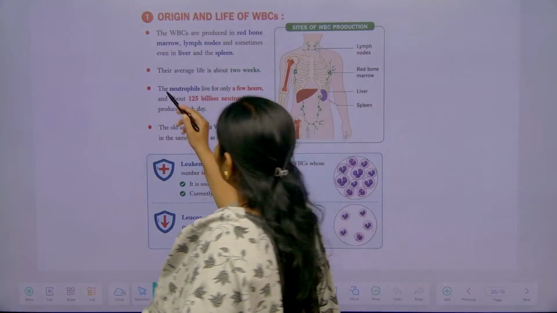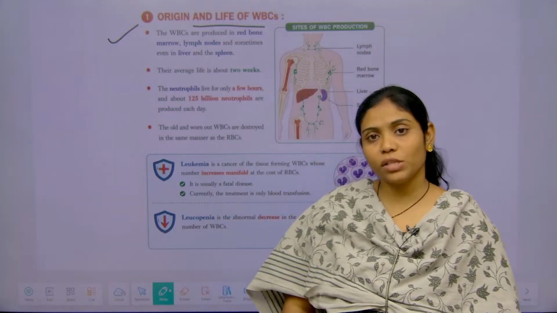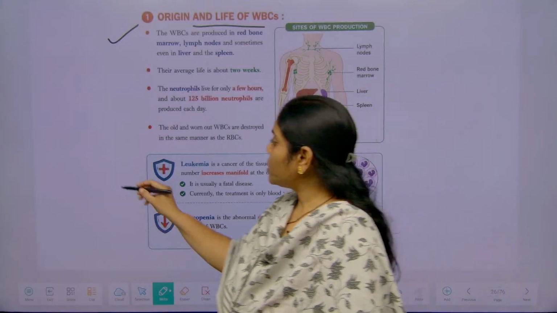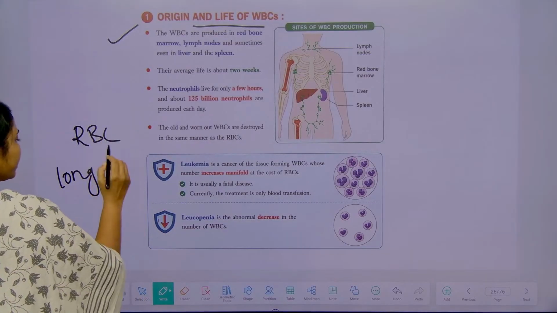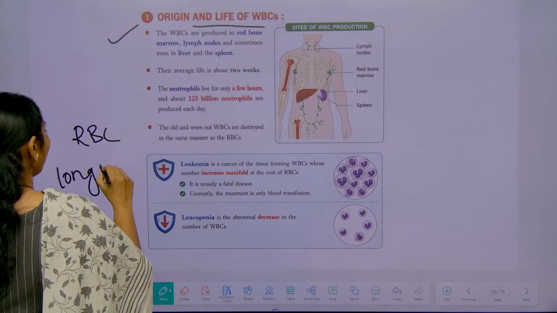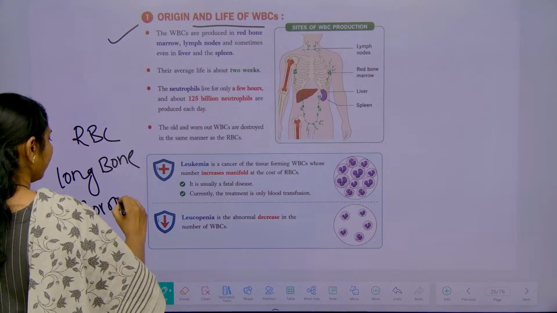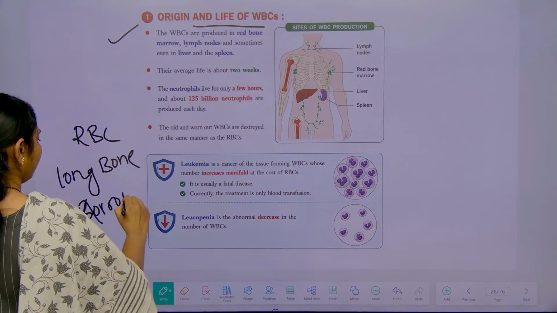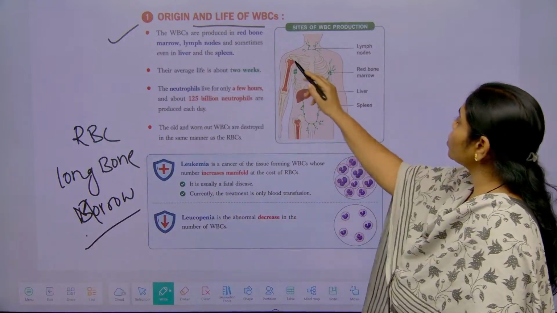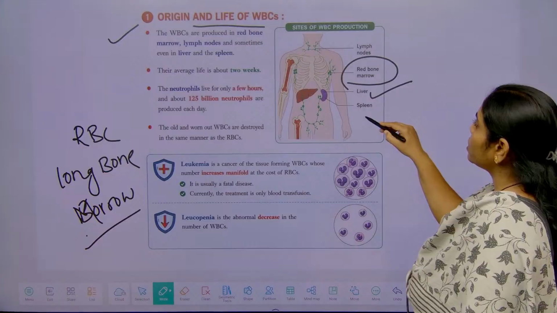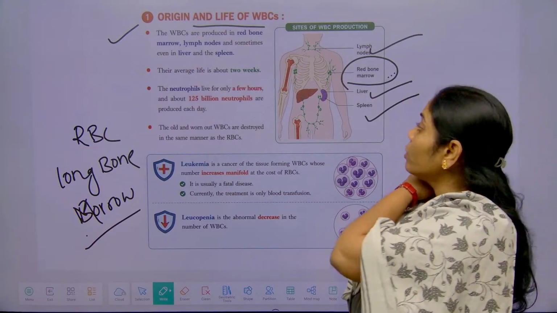Okay. Where are these WBCs produced? As we already discussed, RBCs are produced in the long bone marrow, as we discussed in the earlier class. In the same way, WBCs are also produced in the liver, spleen and lymph nodes, along with the red bone marrow.